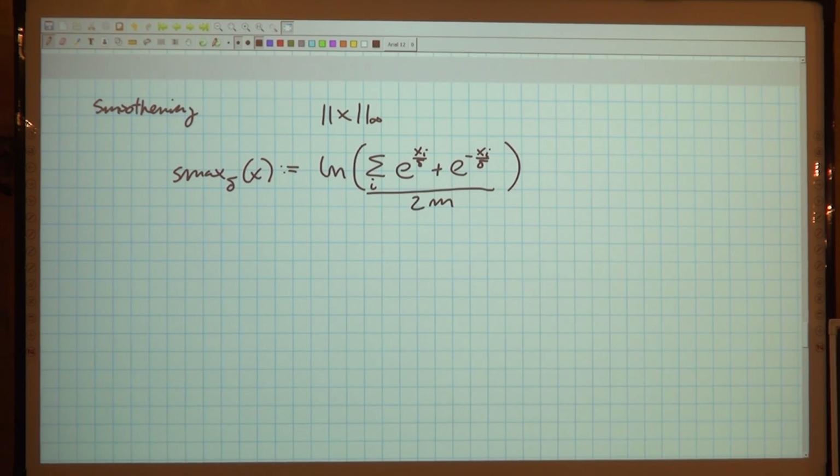Okay, so what does it mean? Well, essentially, this is a function. It evaluates to something.